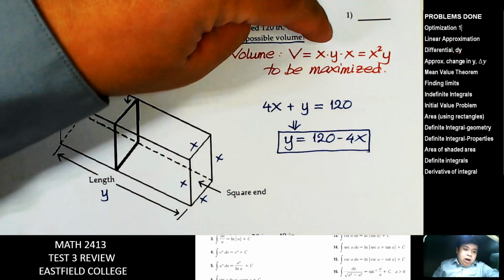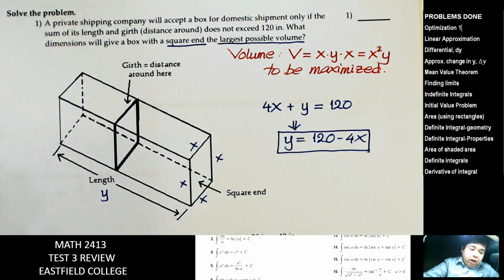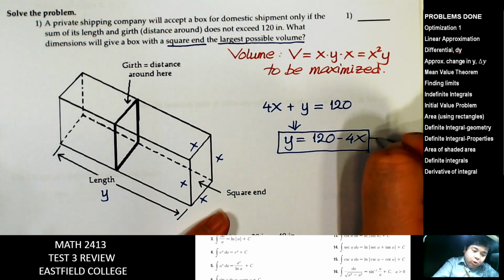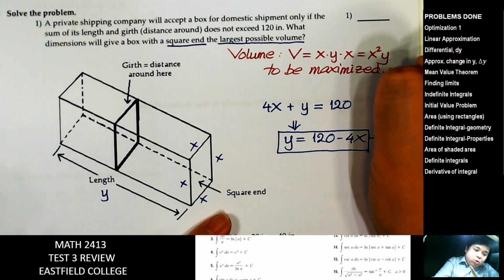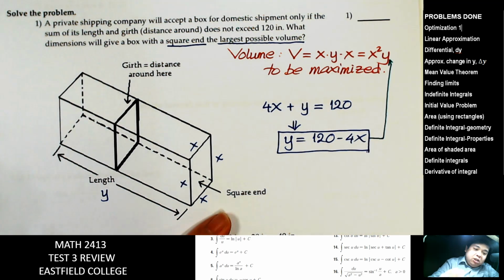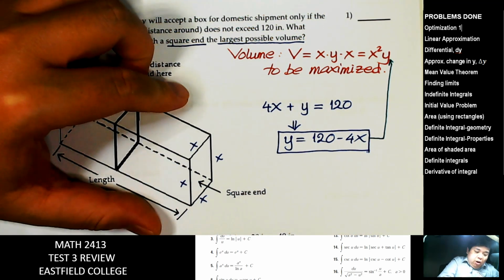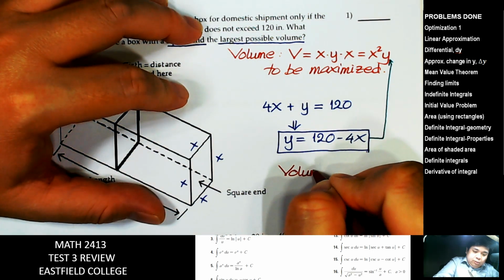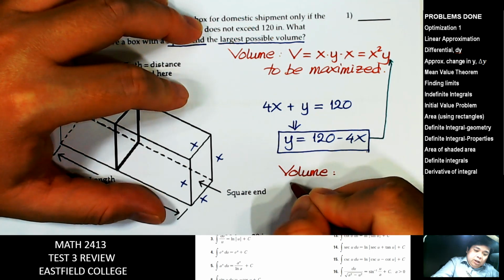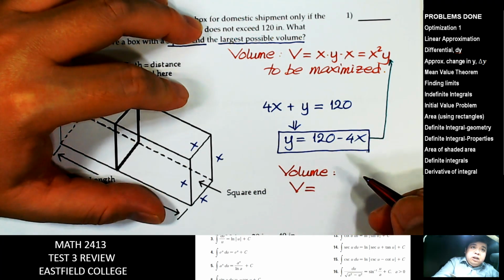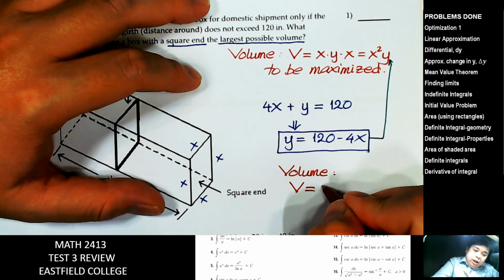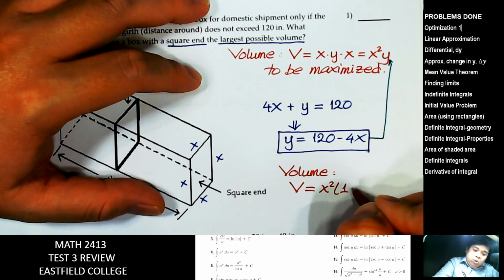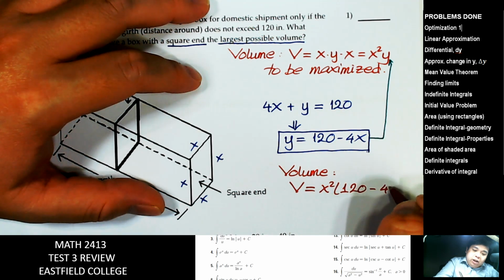This function has two variables, so we have to rewrite that so it only has one variable. We have y equal to 120 minus 4x. Just substitute into that, and so we have the volume V equal to x squared times 120 minus 4x.